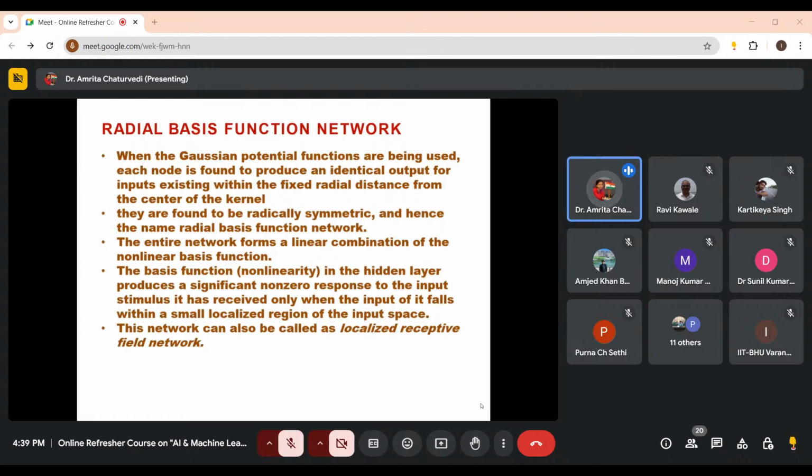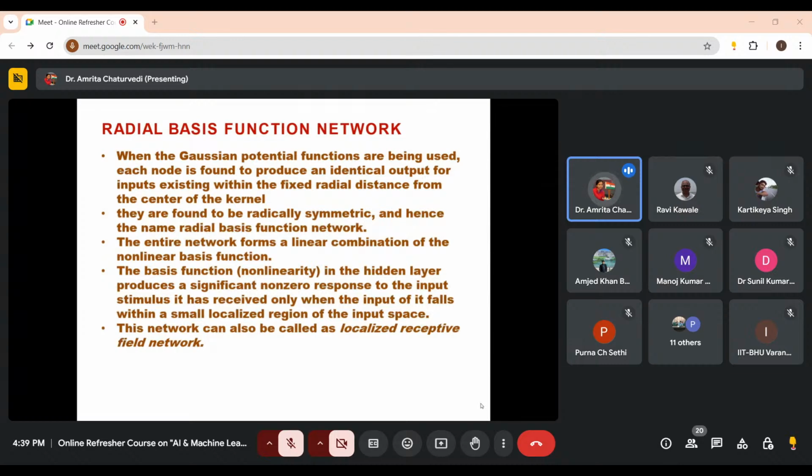So when the Gaussian potential functions are being used, each node is found to produce an identical output for inputs existing within the fixed radial distance from the center of the kernel, and they are found to be radially symmetric, and hence the name radial basis function, because it is symmetric across the y-axis.